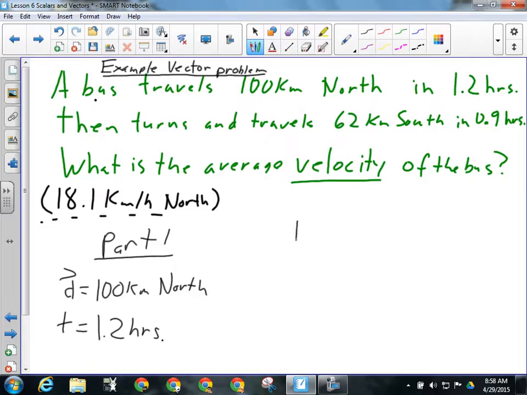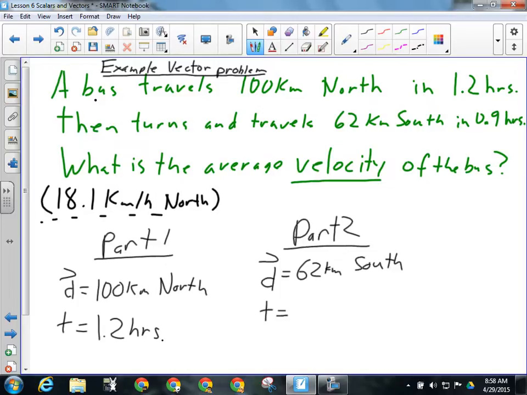Okay, and in part 2, it travels 62 kilometers south in 0.9 hours. All right, so now we've got our givens.